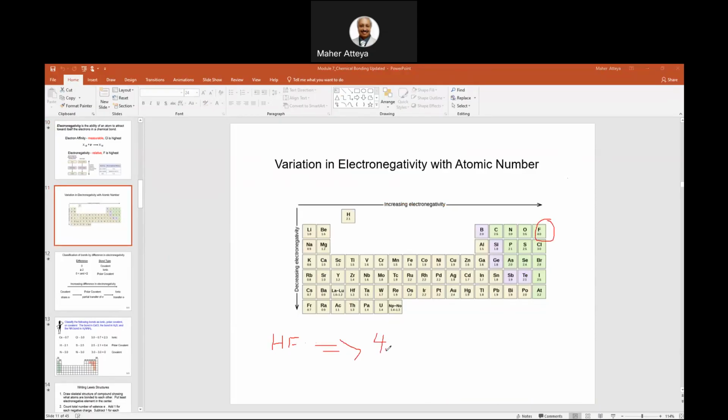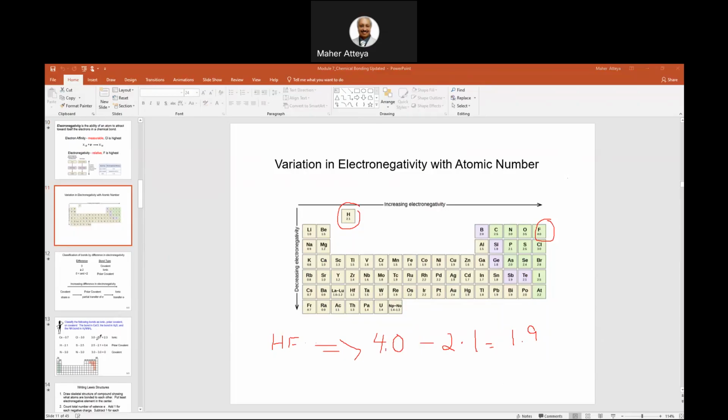They have no units, it's just a scale. So 4.0 minus the H, which is 2.1 at the top. So how much is this? 1.9, correct? Am I correct? So you have 1.9.